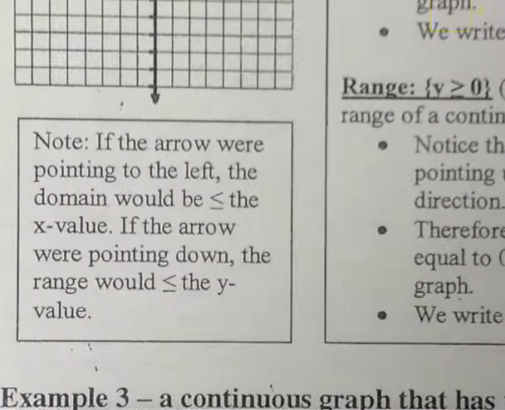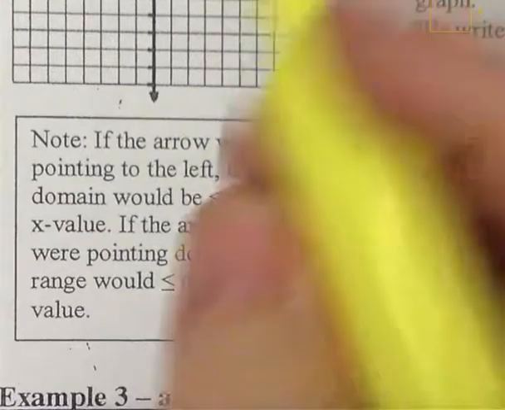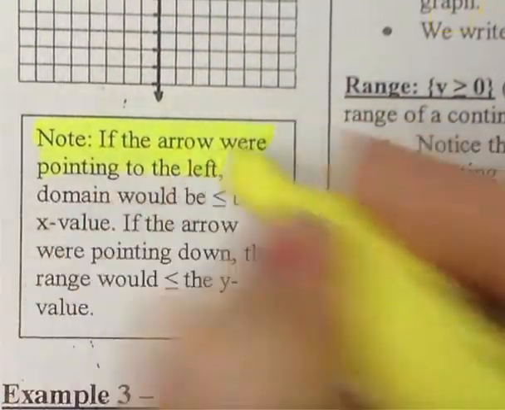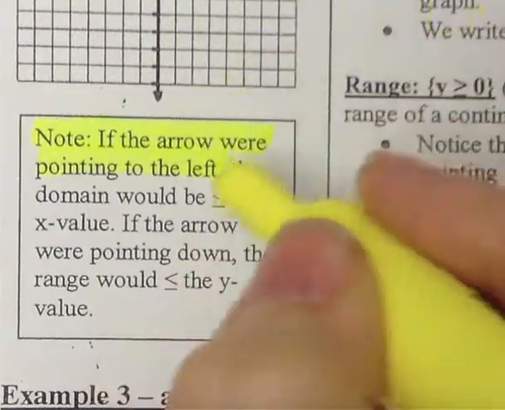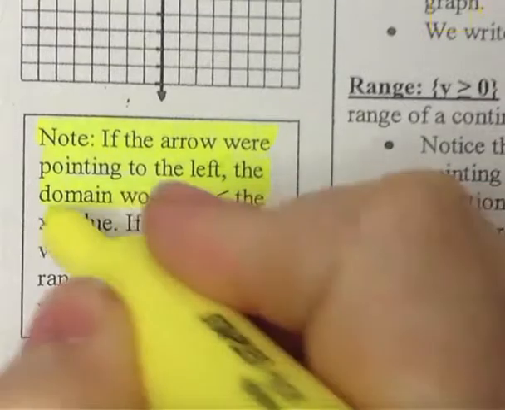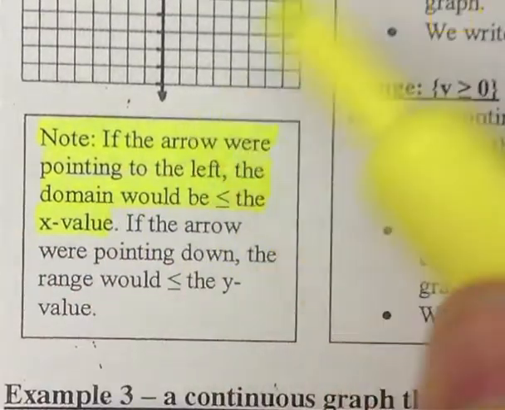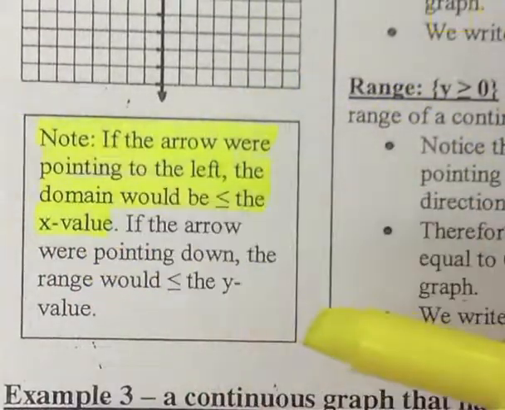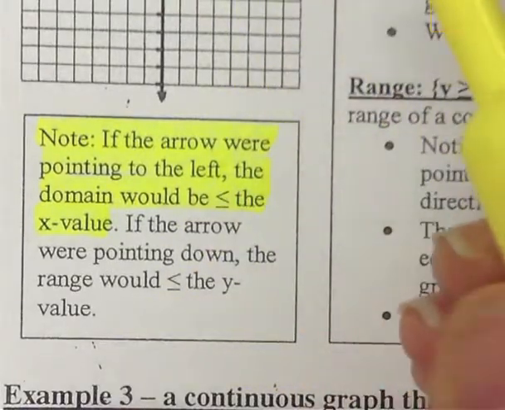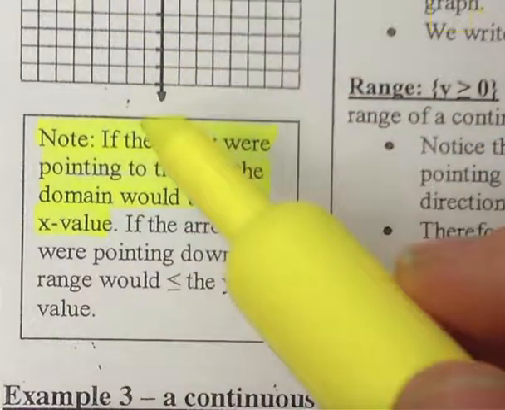If the arrow were pointing to the left, but let's say it was still pointing up, then the domain would actually be less than or equal the x values, because we would actually be going to the negative x values. So we would want to go smaller. But the range would have still been the same because it would have still been pointing up.